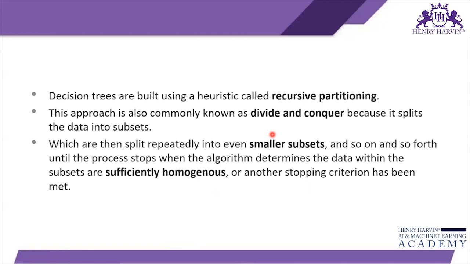This is done by a recursive partitioning method. Here we divide the subsets into smaller and smaller units till we get a particular output, till we get a leaf node, or we meet a criteria. We keep breaking down our subsets and putting conditions on them.